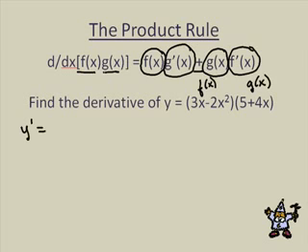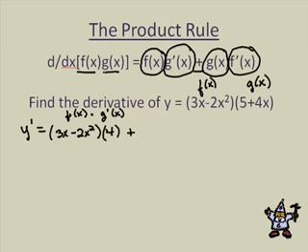It says, first of all, you take the first function times the derivative of the second function. So let's do that first. Our first function was simply 3x minus 2x squared. And then the derivative of g of x, the 5 plus 4x, is simply 4.